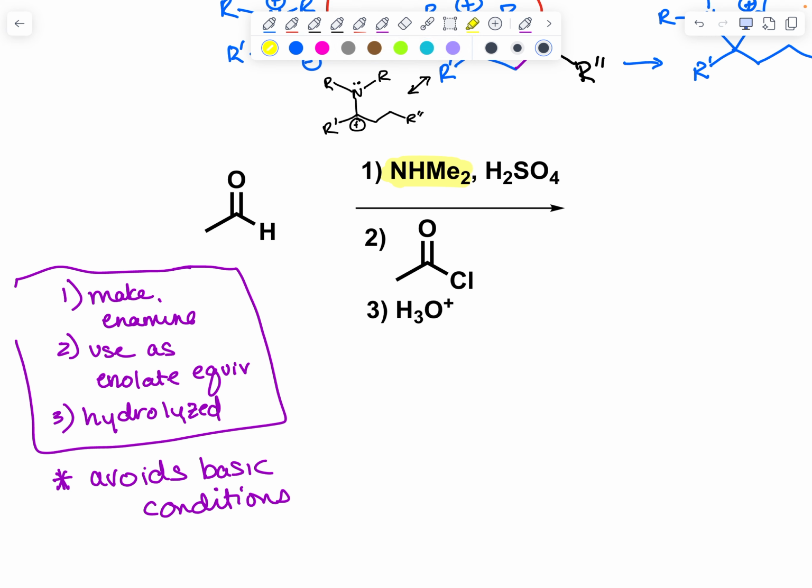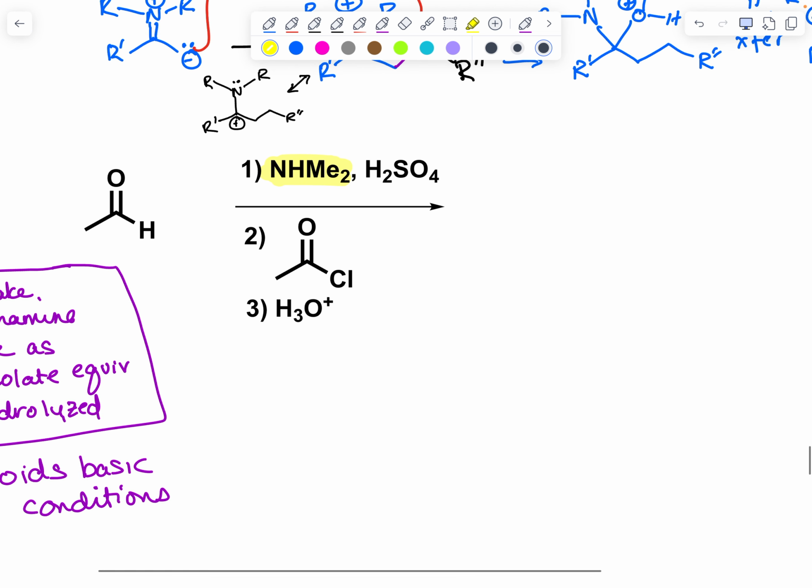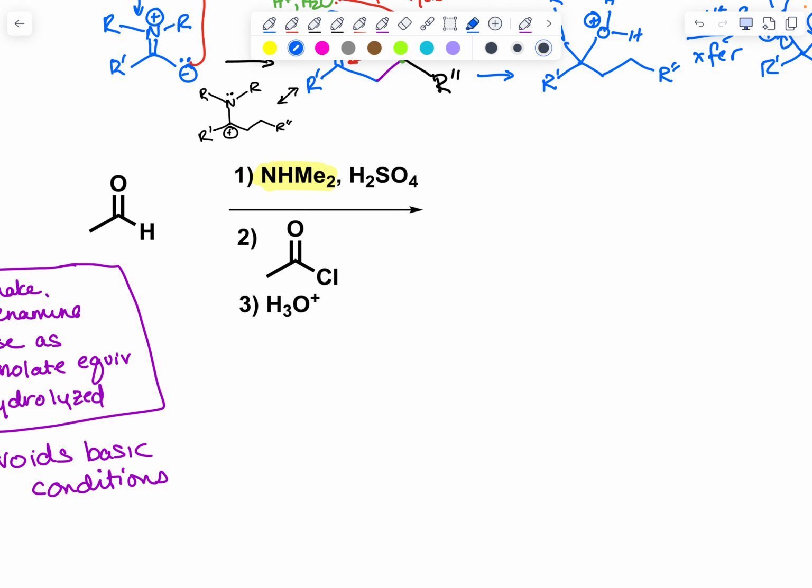So if we're using our enzyme analogy, we just went from ES to EP. Now we need to release the enzyme and give off the product, which means we need to release the nitrogen compound. Okay? So we're going to undergo hydrolysis. The mechanism is what we did above, right up here. And what that's going to do is it's going to take the carbon-nitrogen double bond, release the nitrogen, and get us back to carbon-oxygen double bond.